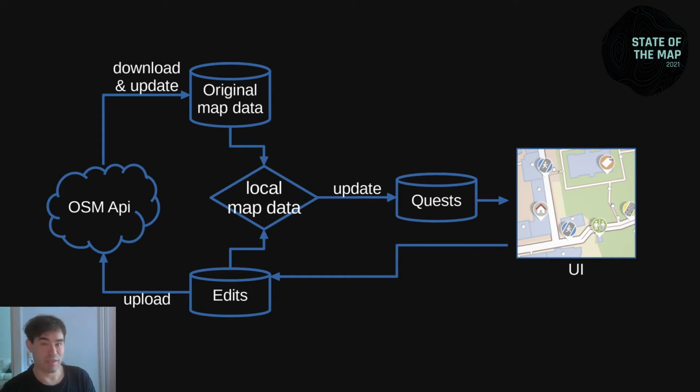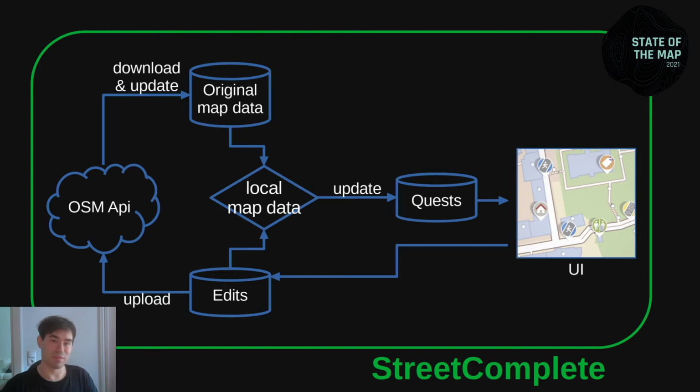The local map data object is updated every time the original map data updates or the edits update. So it's more or less a cache. It's the original map data and the edits applied on top of that. Yeah, and so this is how StreetComplete does it now.